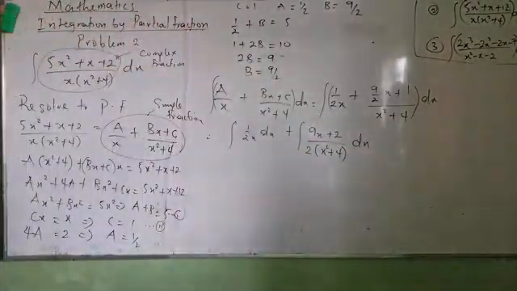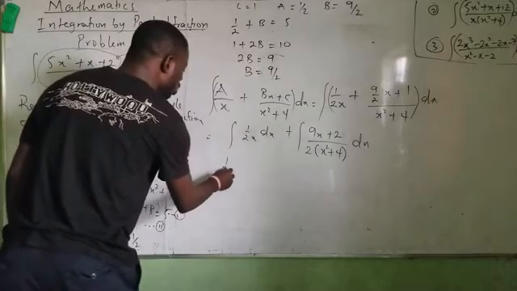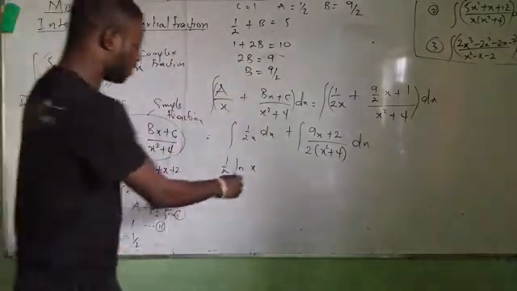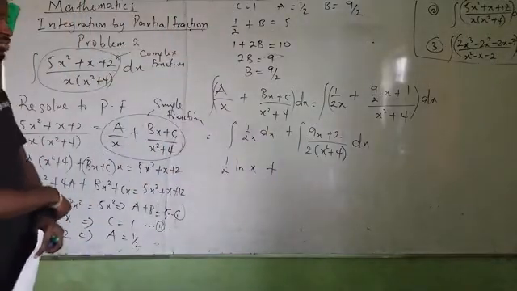Now, I think that is very good. I can now say that here will be 1 all over 2 ln of x plus, this is where the technicality is.